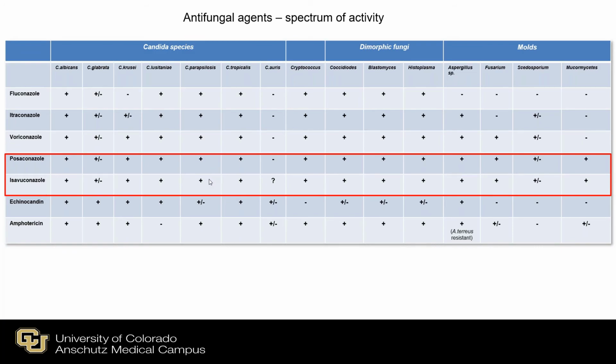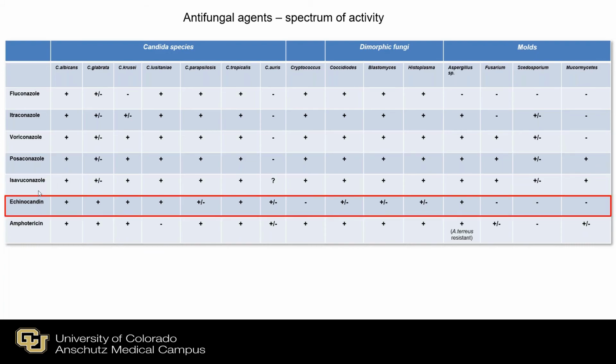Posaconazole and isavuconazole are excellent broad-spectrum triazoles which have coverage, as you can see, all the way to the molds, including mucormycetes. They come in both intravenous and oral formulations, and we use these quite often in the transplant infectious disease world. Echinocandins don't have any activity against Cryptococcus and have minimal activity against dimorphic fungi. Even though they can be used as salvage or combination therapy for Aspergillus, they have no activity against any of the other molds, including mucormycetes.